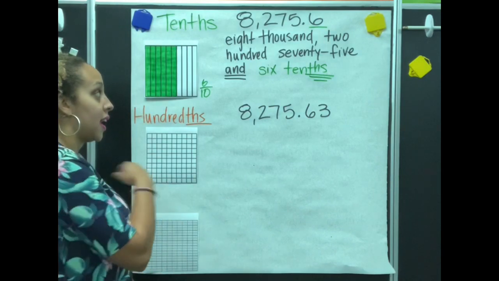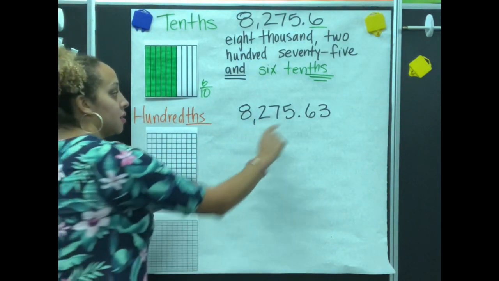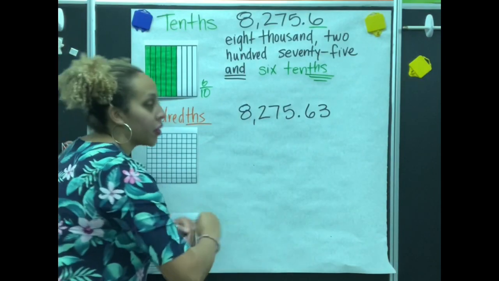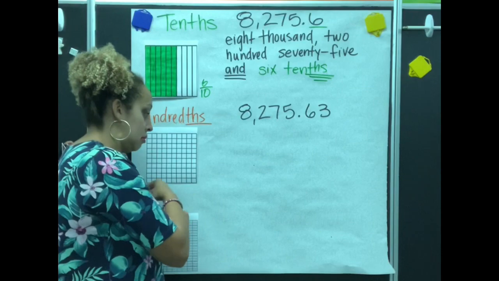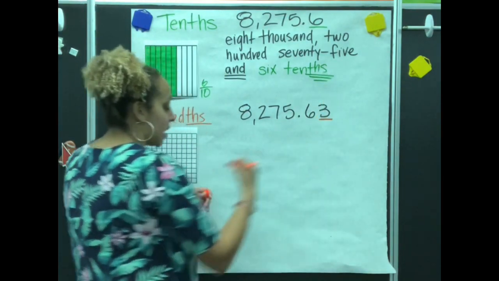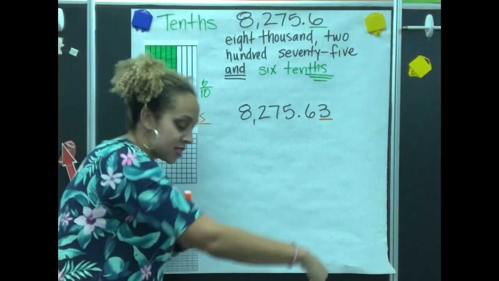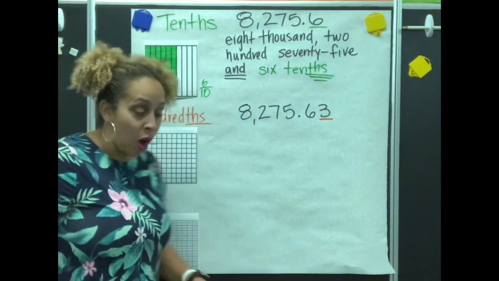We should have said 8,275 and 63 hundredths, because now it's in the hundredths place. So we have to say the place that it lands. 2 places after the decimal is the hundredths place, and this is the reason why.